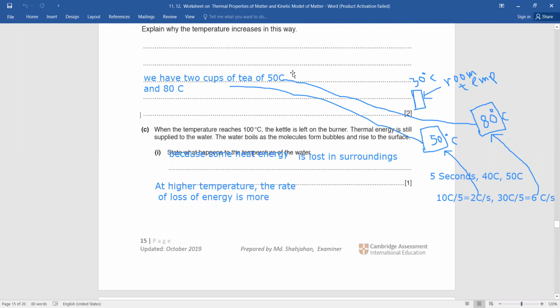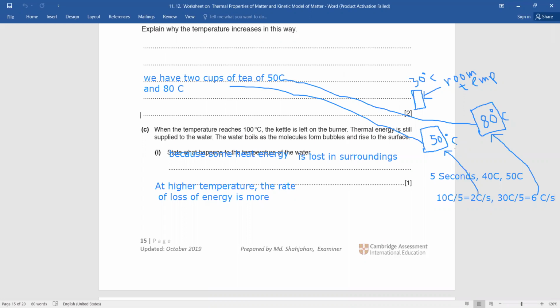Sir, 5 seconds, 40 degrees Celsius and 50 degrees Celsius, then again 10 degrees divided by 5. Is it random? I gave you one example. It will not always be the same. If the room temperature changes, or the temperature of the hot object is different, it might be different, right?